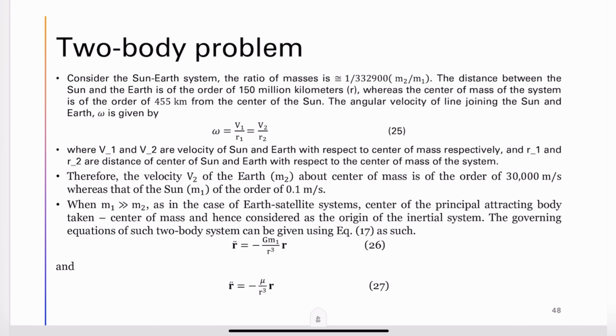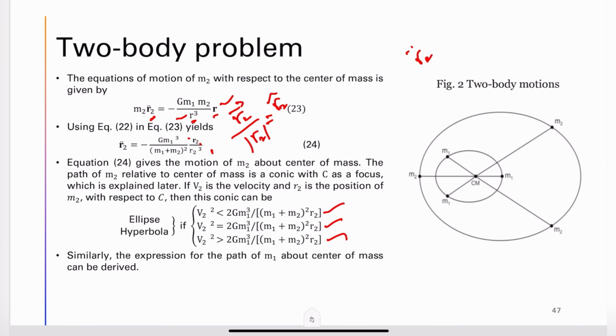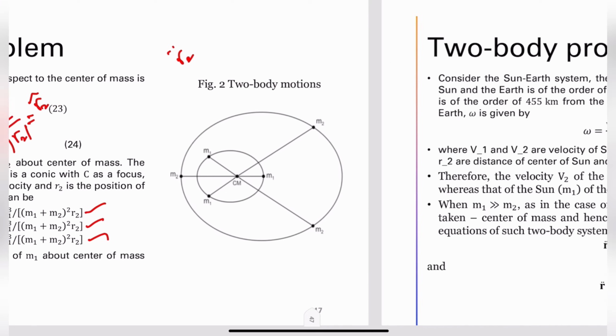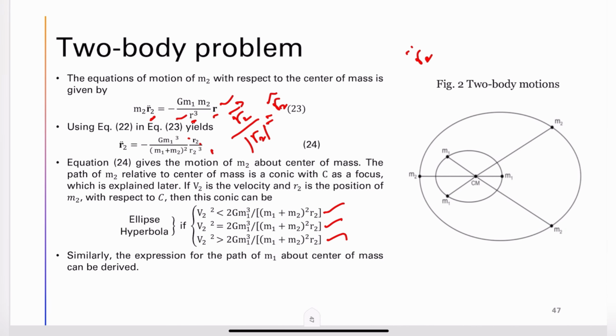Let me make it clear. It is the angular velocity of the line joining the sun and the earth. When we consider this two-body system, if you consider m1 as the sun and m2 as the earth, it is the angular velocity of the line joining the sun and earth.